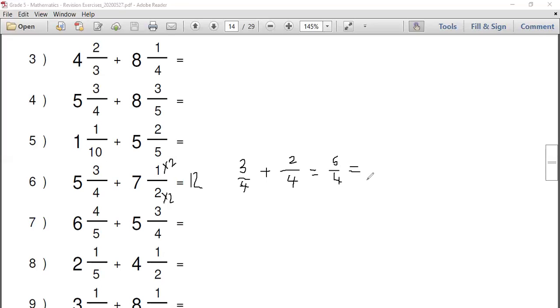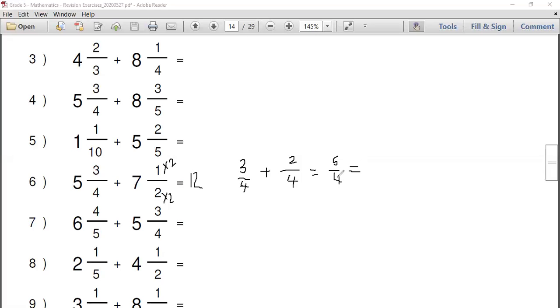To a mixed number. And how do we convert an improper fraction to a mixed number? You divide. So I'm going to take my numerator and divide it by 4.